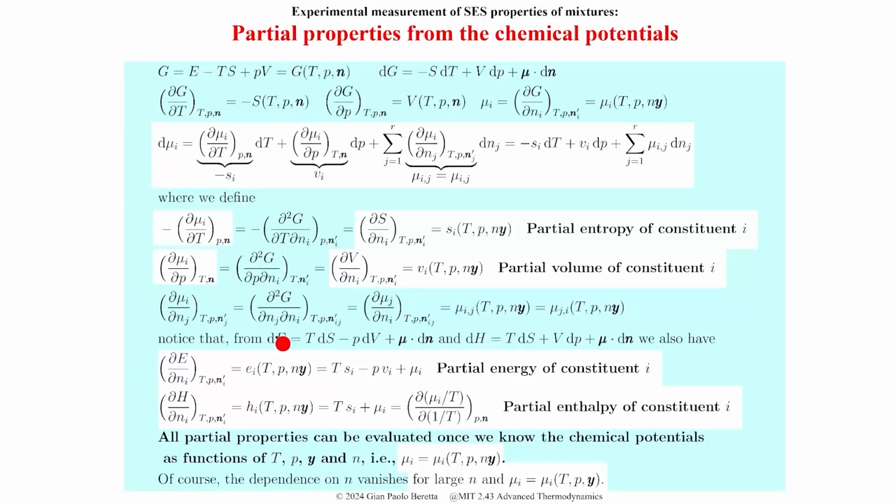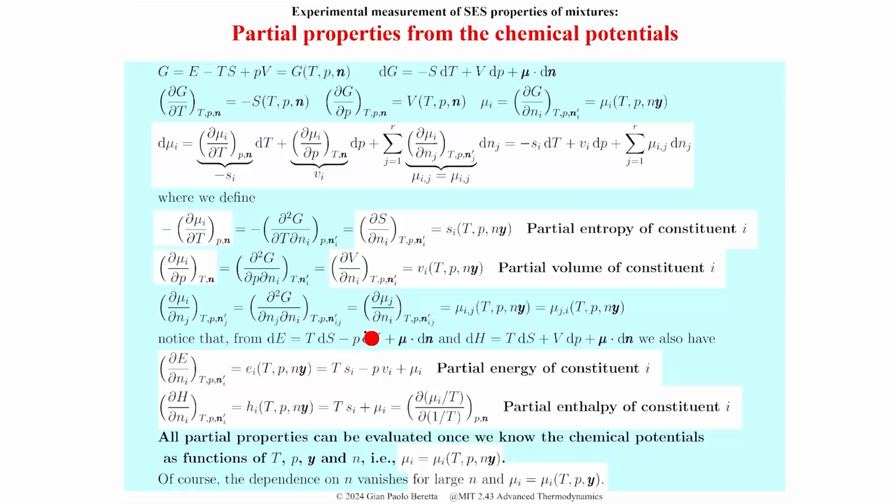Because I can take formally, don't tell the mathematicians, these expressions here and divide by partial n_i. So that becomes dE divided by dn_i is equal to T times dS divided by dn_i. But that dS divided by dn_i is the partial entropy.